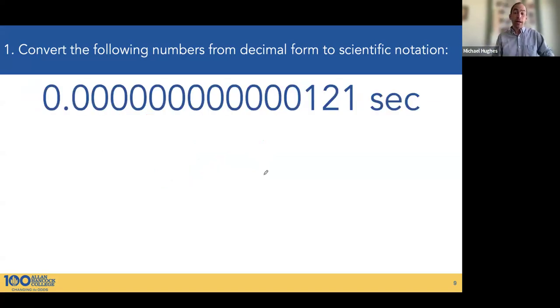All right, a number that's much smaller than 1 second. So let's find a number that's between 1 and 10 for the decimal part. And that would be 1.21.